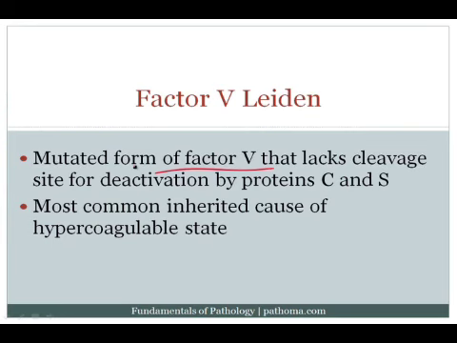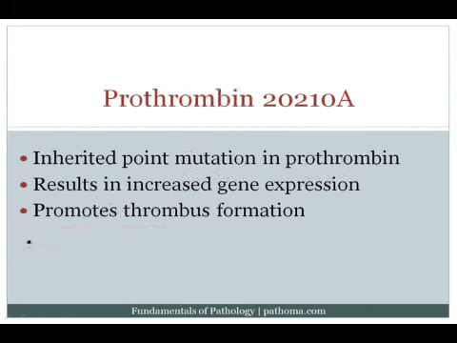It lacks the cleavage site for deactivation by protein C and protein S. So this then results in an inability to shut off factor V, and that inability to shut off factor V leads to excessive factor V activity, which then can lead to a hypercoagulable state. And this is the most common inherited cause of a hypercoagulable state.